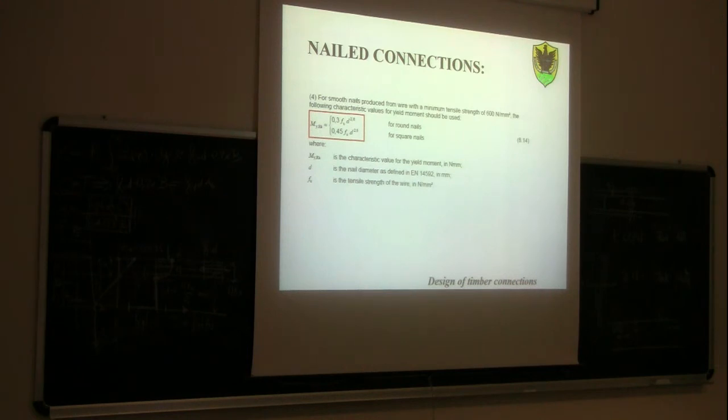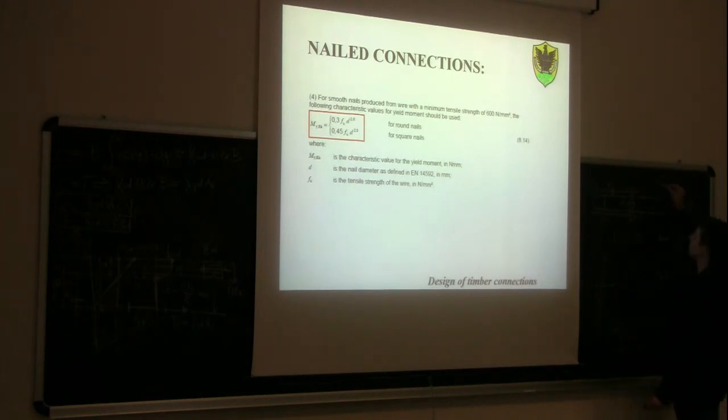So the plastic moment of a nail, in your opinion, how should it be calculated? You have a circular cross-section, and you need to calculate the yield bending moment. So this is the moment leading to the full plasticity of this circular cross-section. So what is called M_y,Rk should be equal to what?